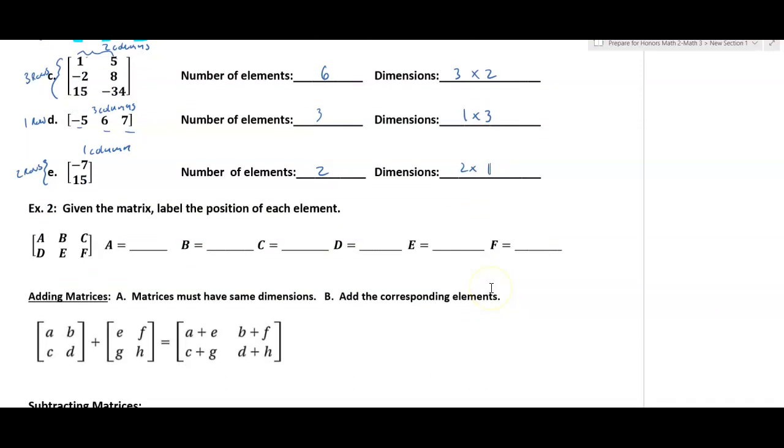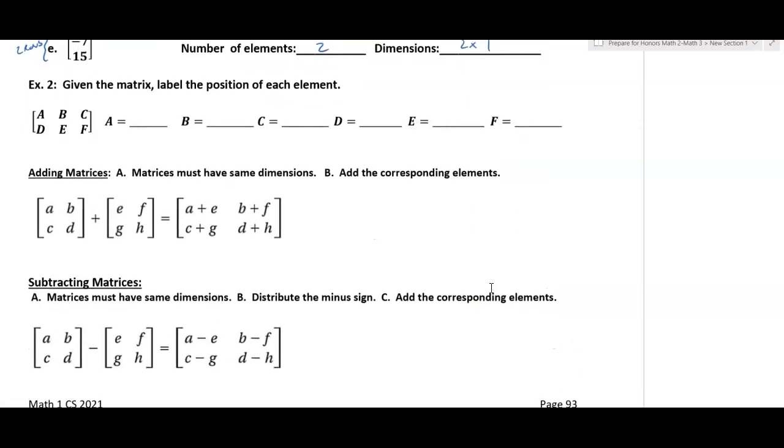All right, now, given a matrix, each element has a position. And the position of it is basically what row it is and what column it's in. So if I look at A here, that's in row 1 and it's also in column 1. So that's row 1, column 1.